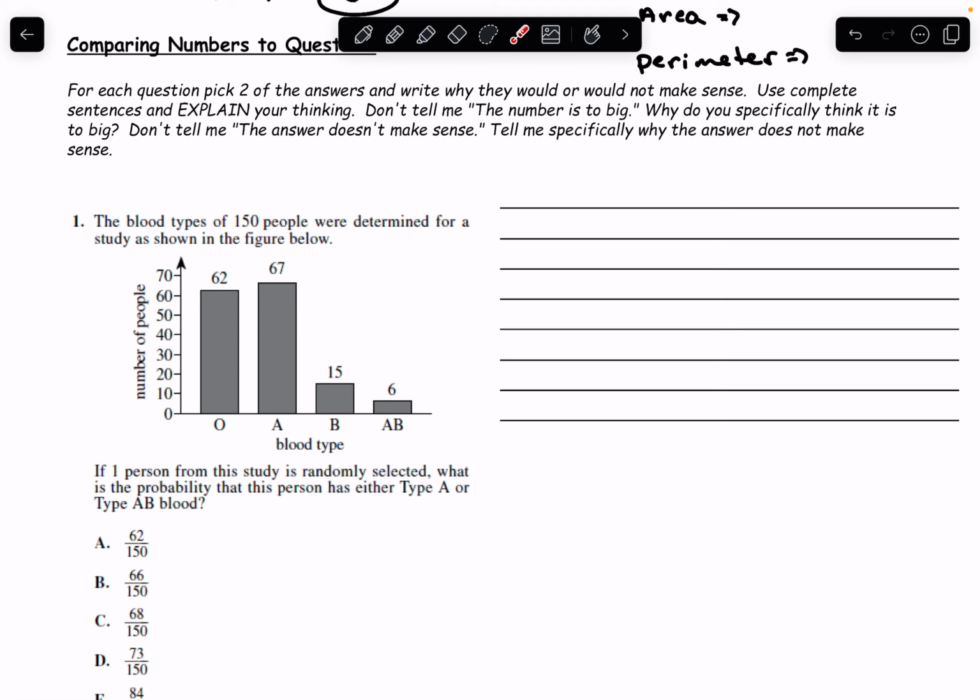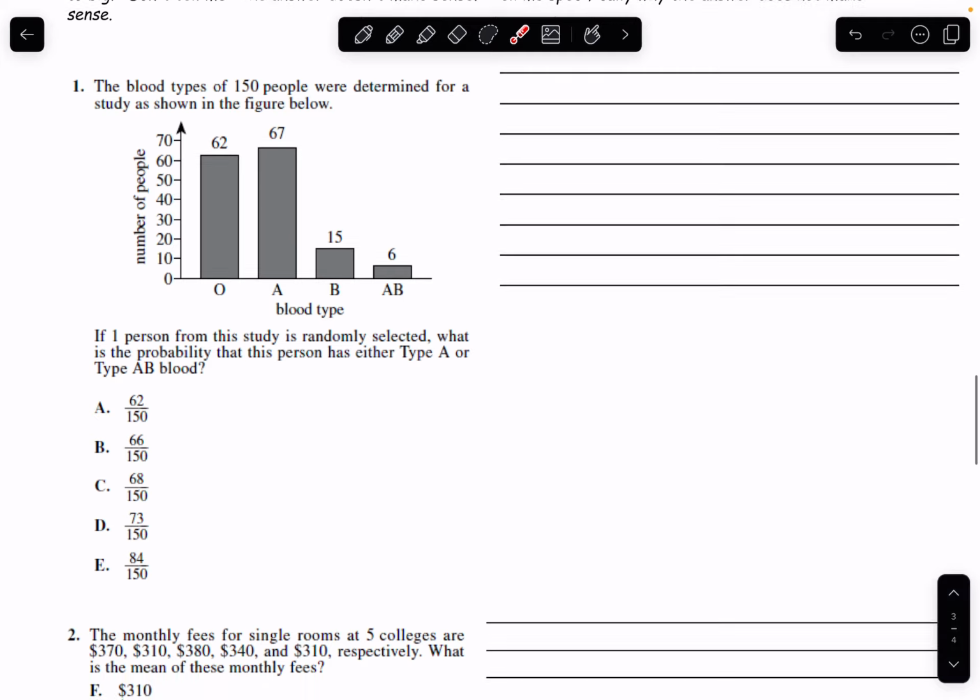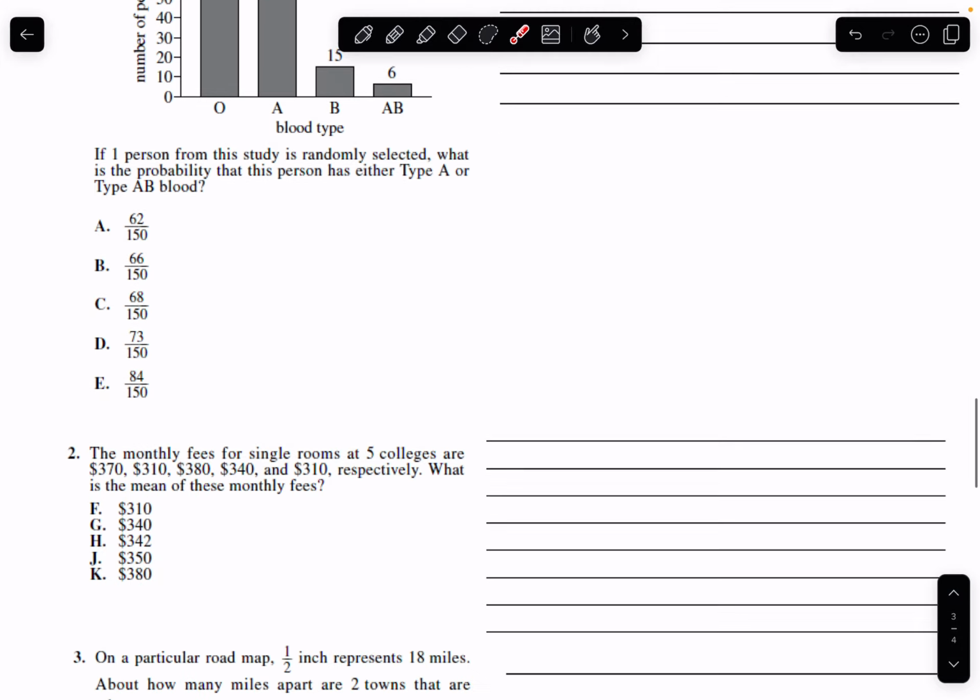So tell me why an answer does not make sense, or tell me why an answer would make sense. It can go both ways. Okay, this number doesn't make sense because X, Y, and Z. But you can also tell me why a number makes sense to be one of the answers to the problem.